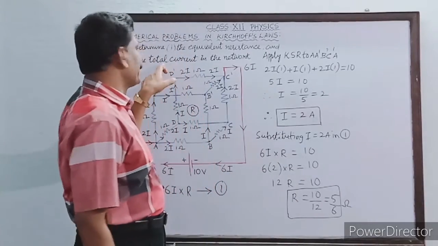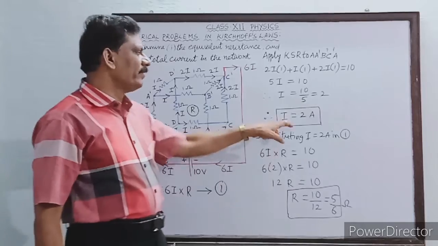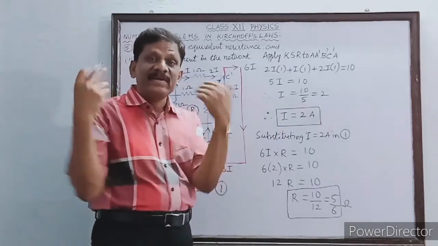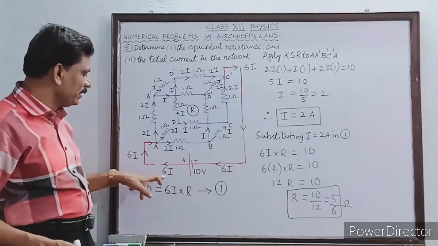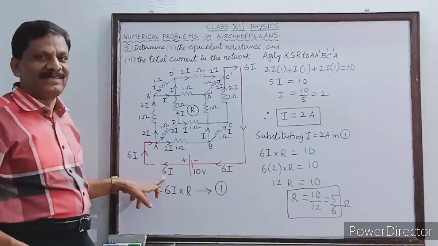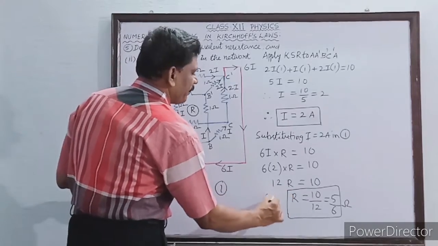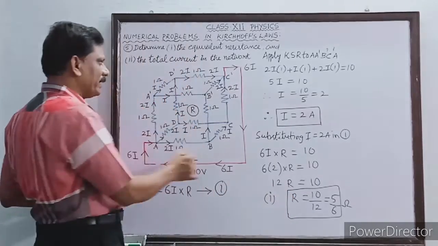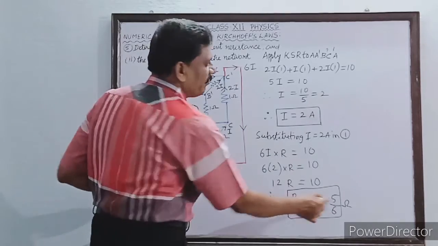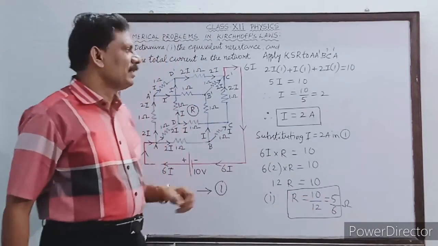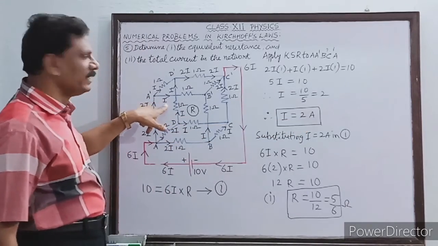But what is the second part? The total current is what they have asked. We have found only the value of I. The effective current or total current sent by the battery is asked, and its value is 6 times I. So the network has an effective resistance R of 5 by 6 ohm, and the current I is equal to 2 ampere, which is the current flowing through this branch.